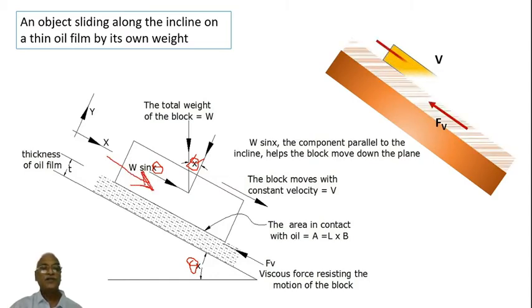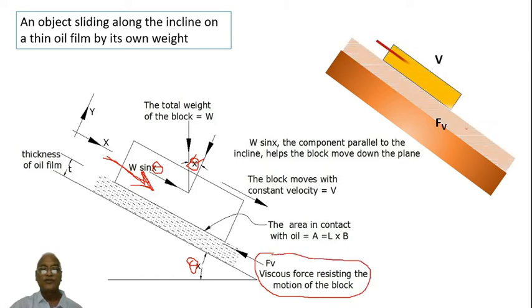because of this component the object is moving downwards, so there will be a resistance offered which will be because of viscosity of the liquid, and that is Fv, viscous force, and this is acting on an area of L into B, where L is this length, B is perpendicular to the surface of the board, right?